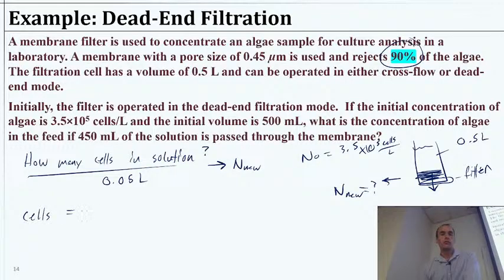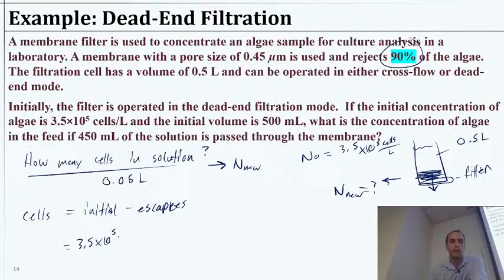So the cells should be equal to the initial minus the escapees, and then if we divide that by the new volume, we get a concentration. Okay? So the initial cells, we were given 3.5 times 10 to the 5th.